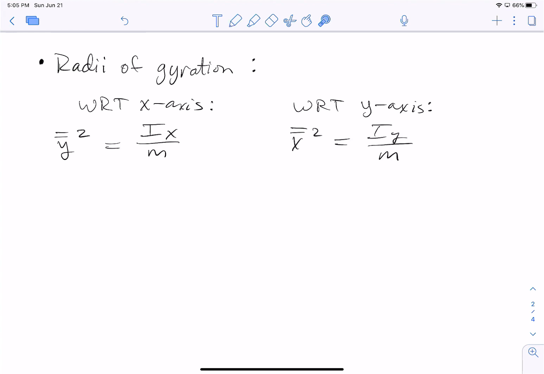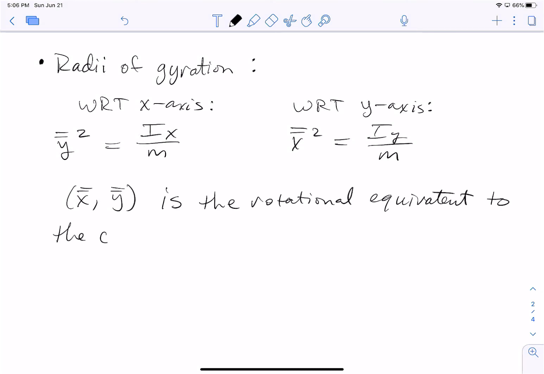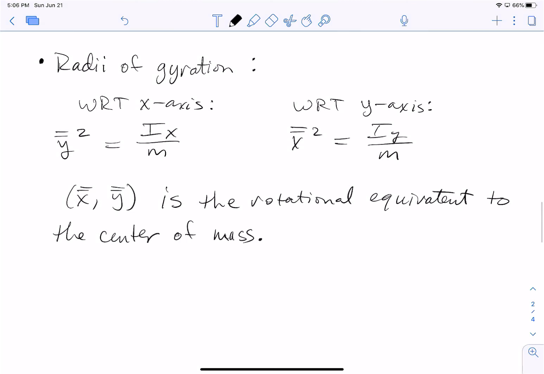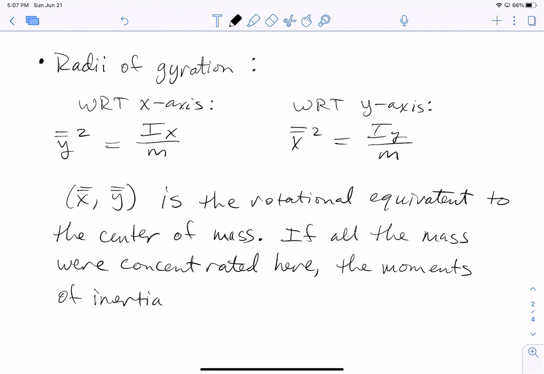So what you would do is find the integral I sub x, find the integral m, find their ratio, and then take the square root. X double bar, y double bar is the rotational equivalent to the center of mass. If all the mass were concentrated here, then the moments of inertia would remain unchanged. It's kind of the center of the tendency to rotate.